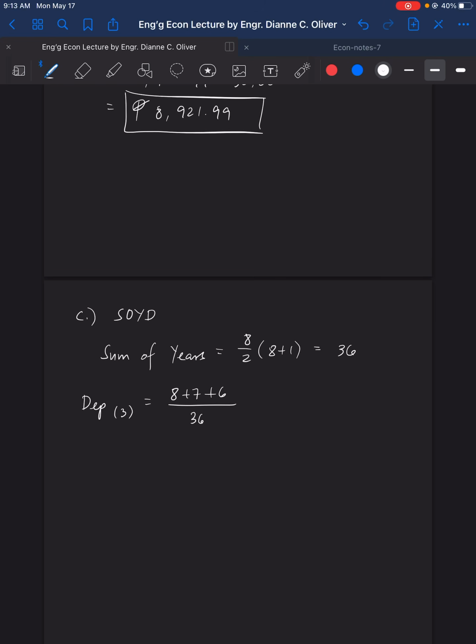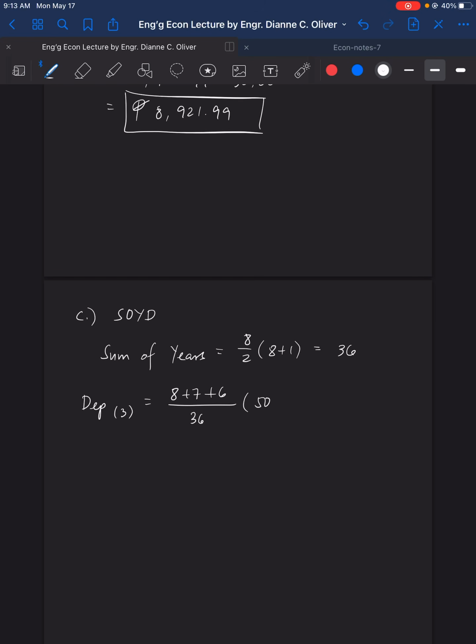Next is C. For letter C, we have the sum of years digit method. So sum of years first. We have here 8 divided by 2 times 8 plus 1, and that is equal to 36 years. For depreciation at the third year, we have here 8, 7, 6 divided by the total 36.